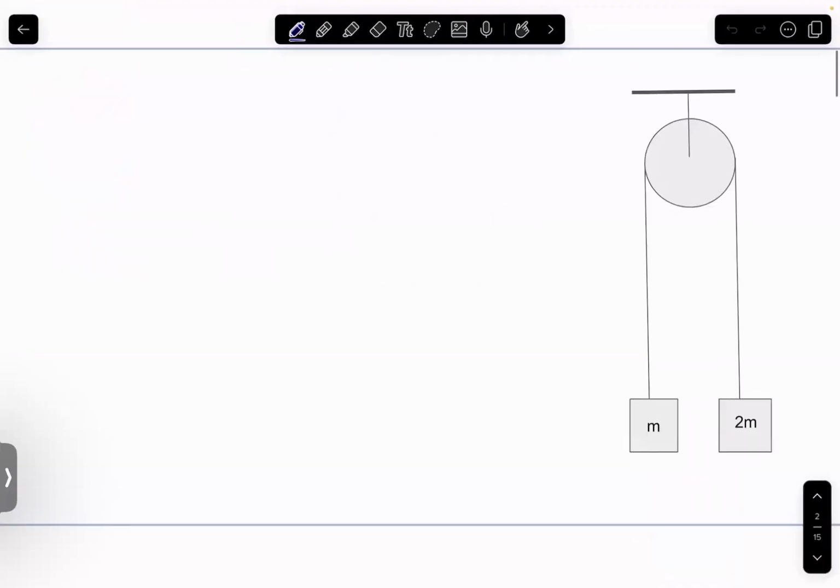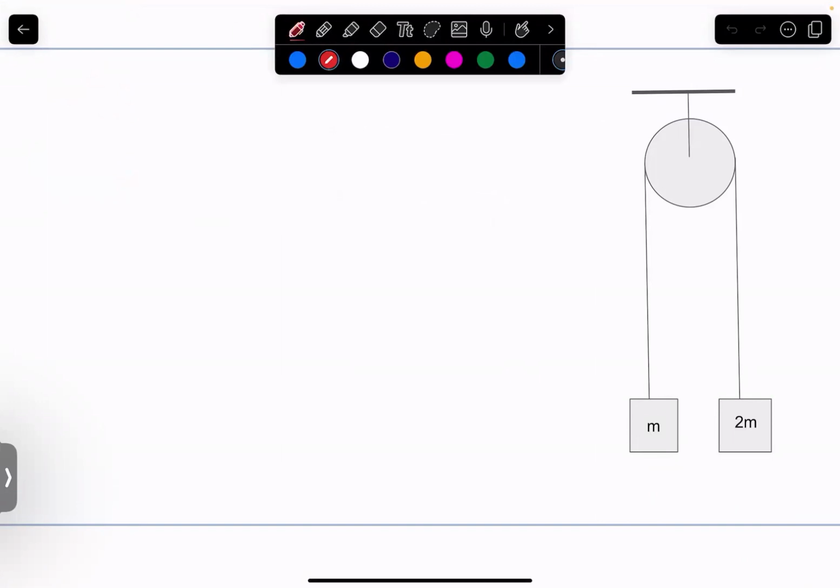So last class we learned that for a system of pulley like this, if you take the masses to be m1 and m2, then the acceleration of the system will be (m1 minus m2) by (m1 plus m2) times g.